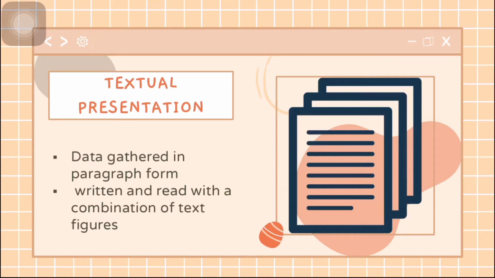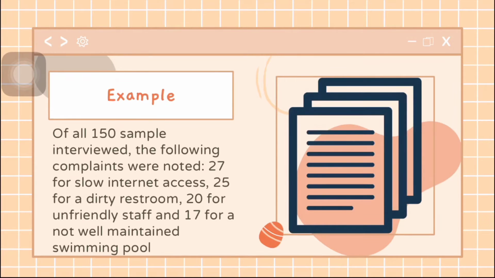Examples of textual presentation are data in business, finance, economics, or industries, which are used to make emphasis or to make comparison, contrast, and synthesis of findings. So this is an example of textual presentation.